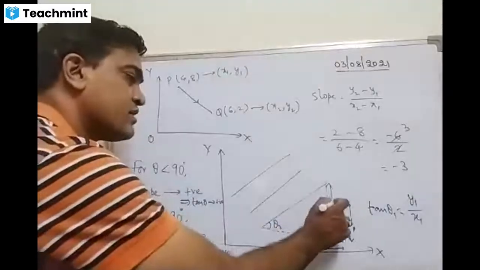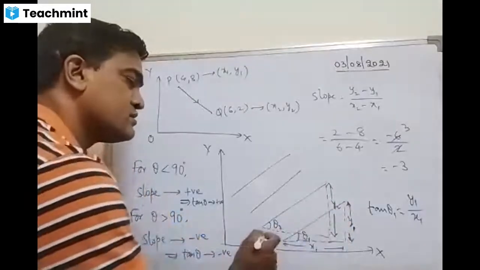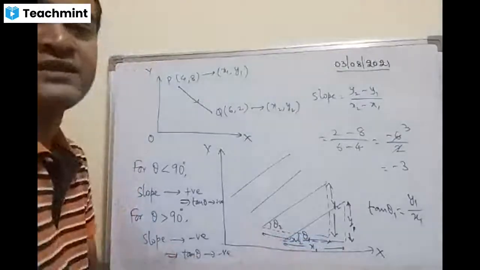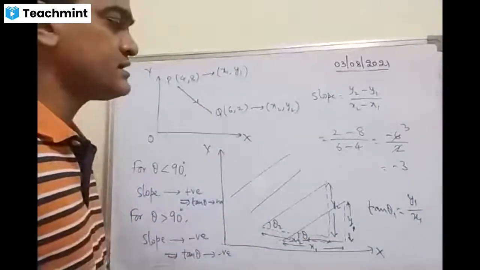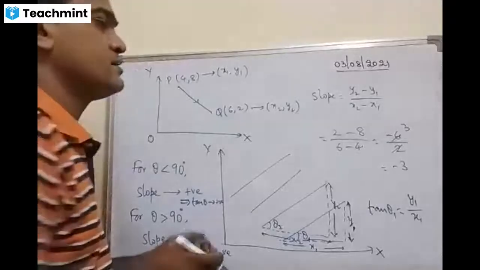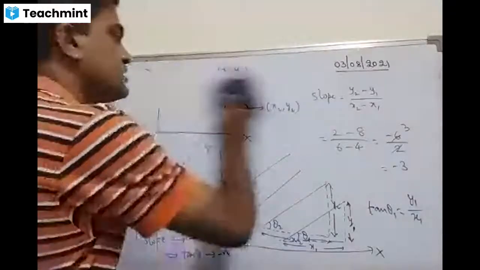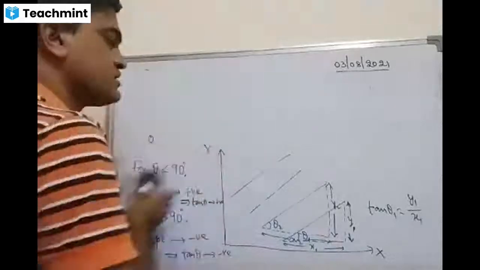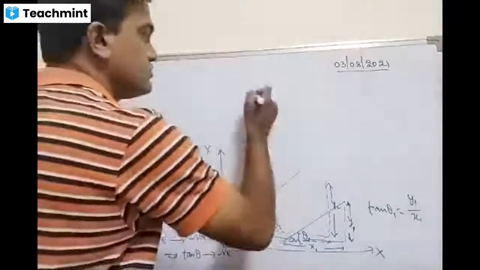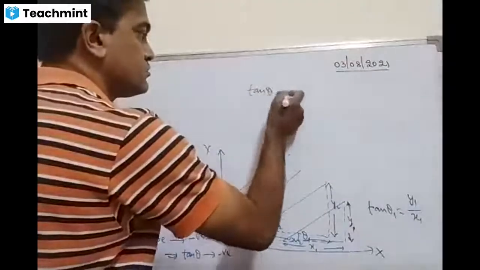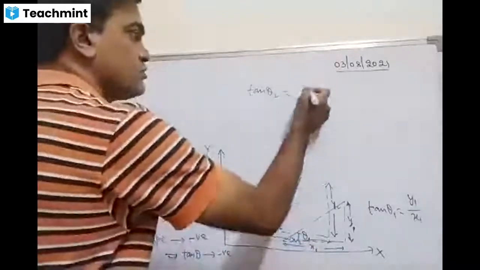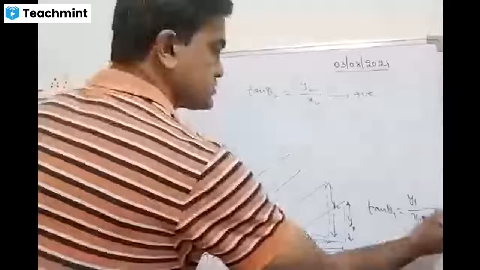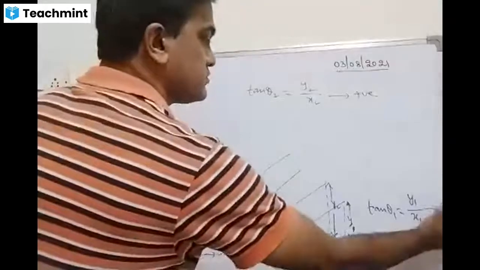Then what is the value of tan theta 2? Tan theta 2 is equal to y2 upon x2, which is again positive. This is also a positive value.